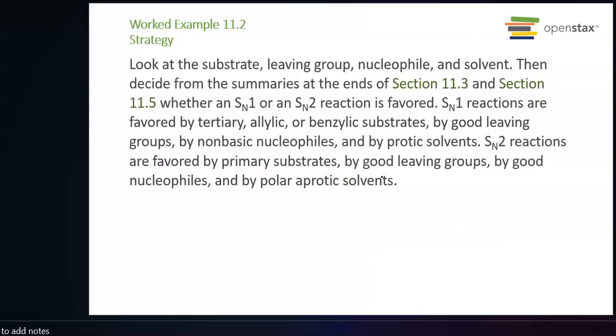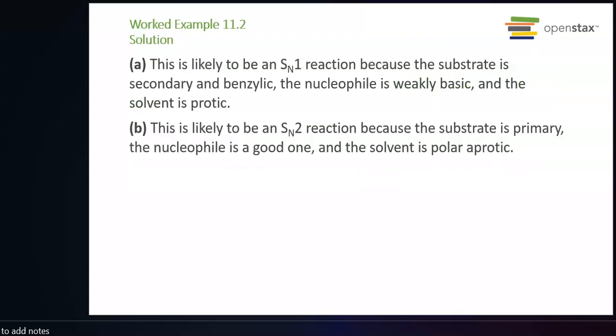Okay, so the answers are given here. It's telling us that SN1 reactions are better if we have allylic or benzylic substrates, and then non-basic nucleophiles and protic solvents. So they all suggest that the equation 1, which we saw before, is SN1, and then the second one is an SN2 reaction.